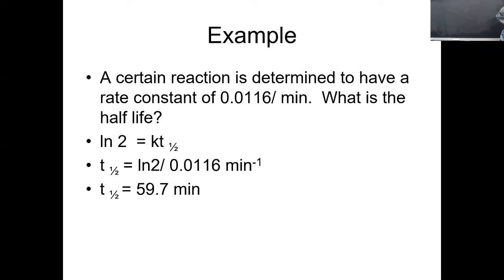So we know that we can get our half-life that way. Sometimes we'll have, like with nuclear reactions, we know the half-life, but they don't tell us the rate constant. So if I wanted to use the rate constant to solve an integrated rate law problem, I could reverse this and find K instead.